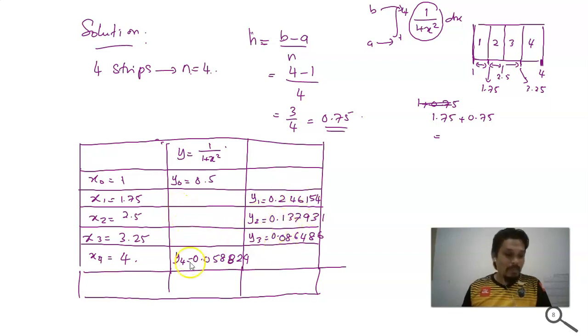But before that, let's find y0 plus y4. Then it is equal to 0.558824. And then y1 plus y2 plus y3 equal to 0.470571.